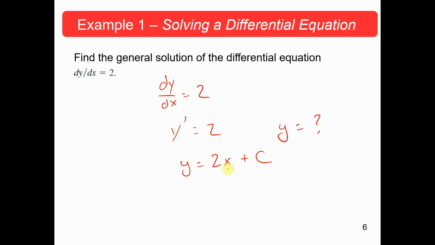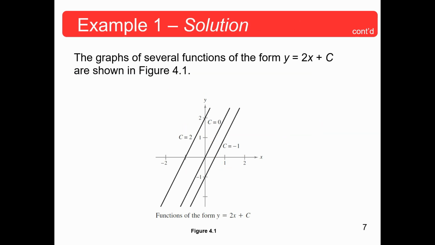And we can check this by saying, well, what's the derivative of this? The derivative of 2x is 2. So I know I'm on the right path. Now, if we graph all of these, you'll just see a bunch of things shifted up, shifted down. These all have a slope of 2, all have a different y-intercept.